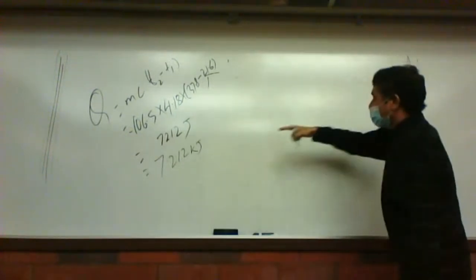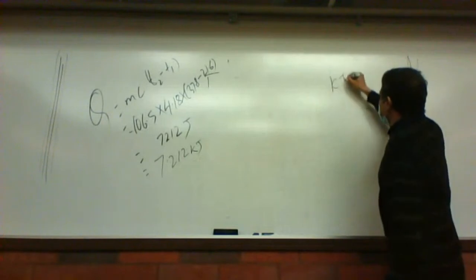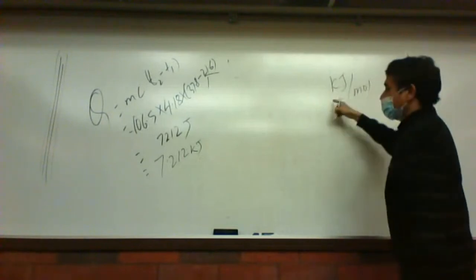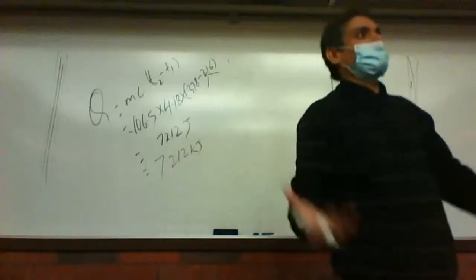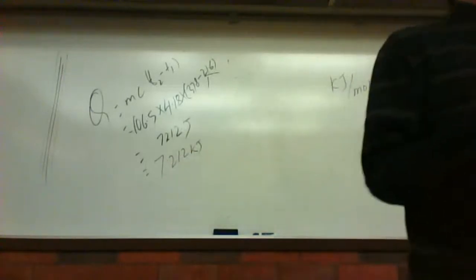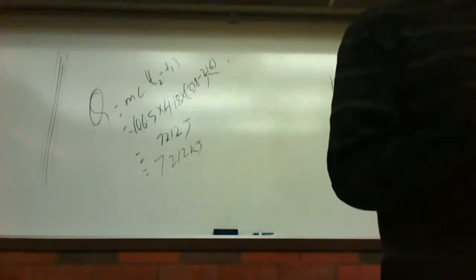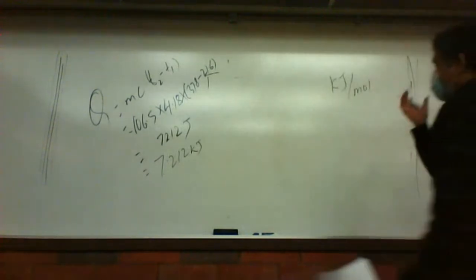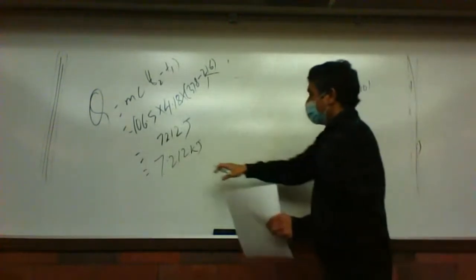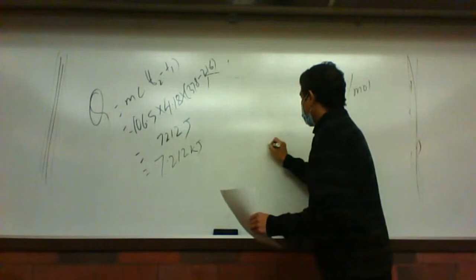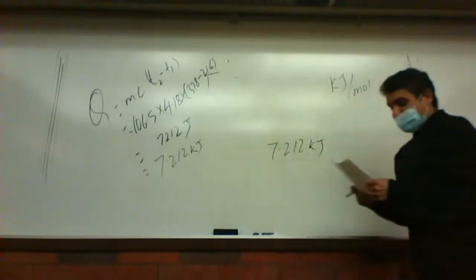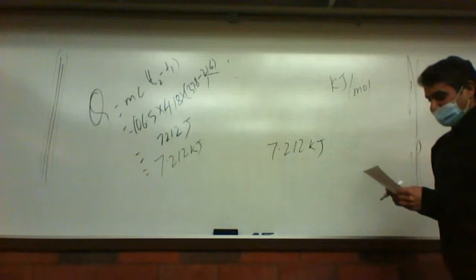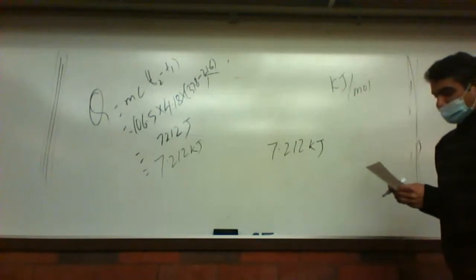But the question was, okay, convert that into kilojoule per mole. So this is the total heat, in kilojoule. I measured the heat and how much heat I produced, kilojoule, right? But this is asking to convert this into kilojoule per mole of sodium hydroxide. So just put it like this. 7.212 kilojoule is produced from how many moles?